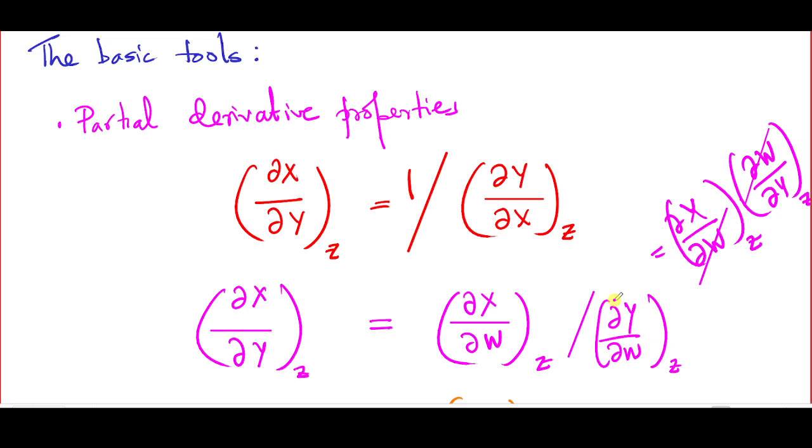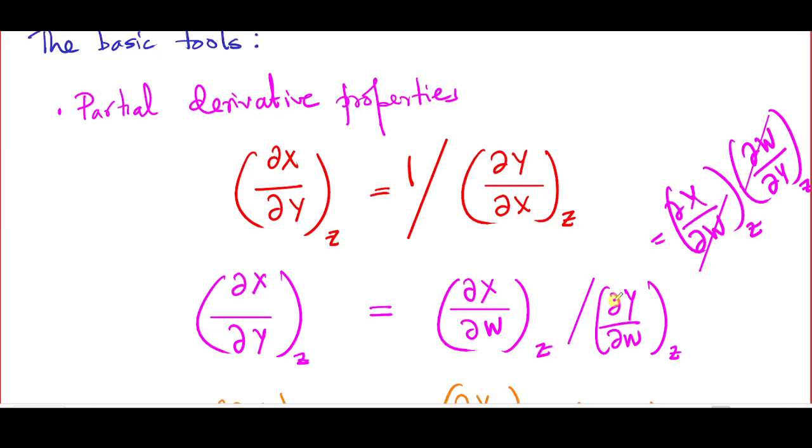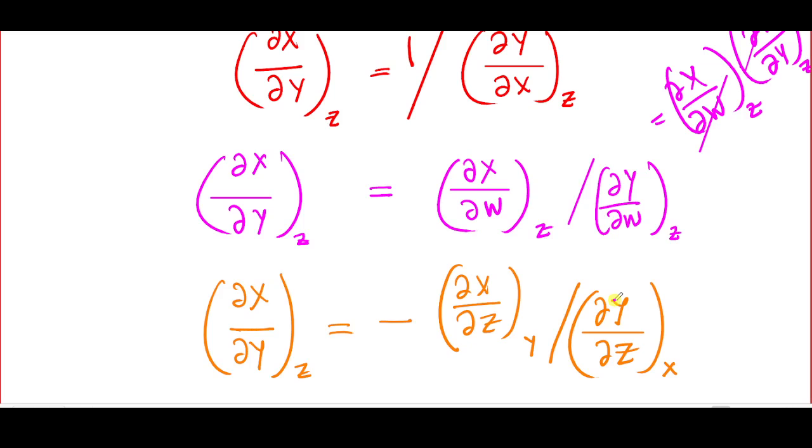But the difference becomes starkly clear when we look at the last of the important properties. Again, a property that we have already derived before. This again talks of del x del y at constant z, but now it relates to these two derivatives, which involve z, the quantity which is being held fixed here.